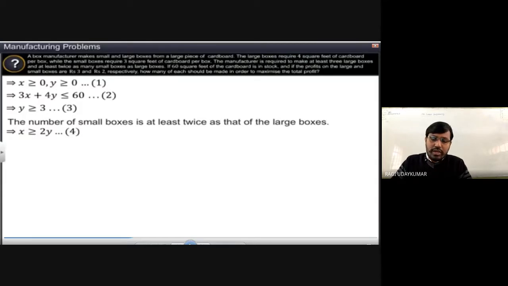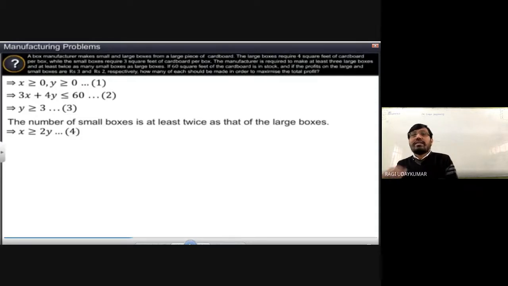This model question you also have one more in your textbook. The number of small boxes is at least twice that of the large boxes.